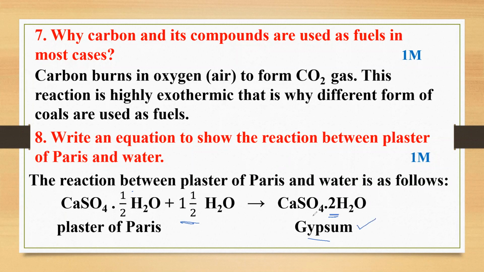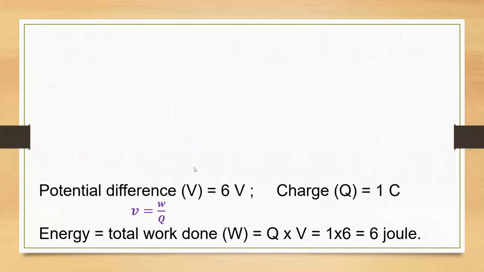The equation you will also easily remember. Here hemihydrate, half H2O; here you have to write 2H2O as gypsum. Understood? Then practice this type of equation once or twice, then you will remember. Move to another question.